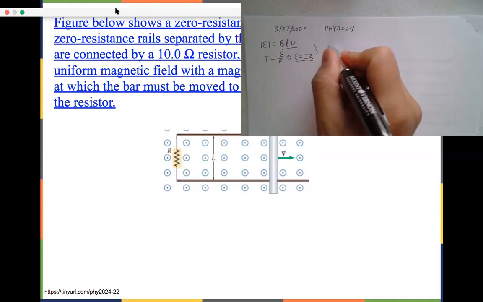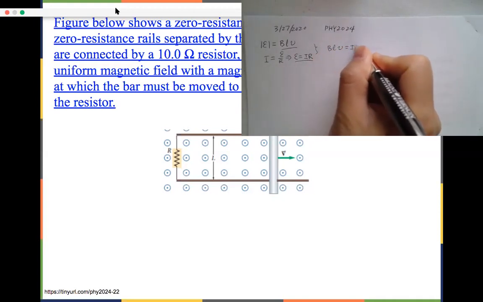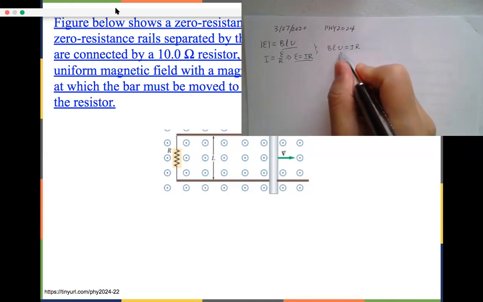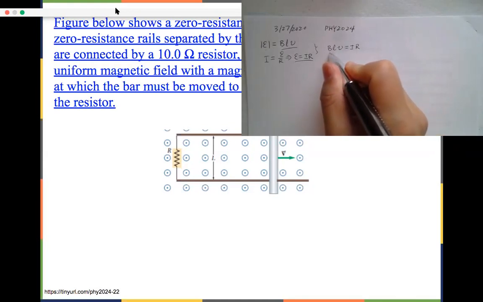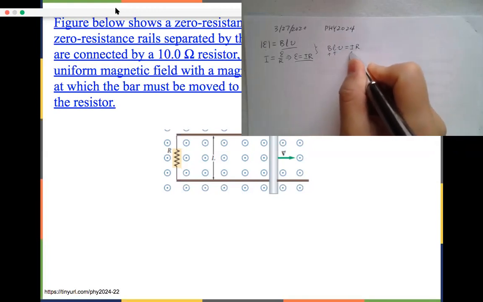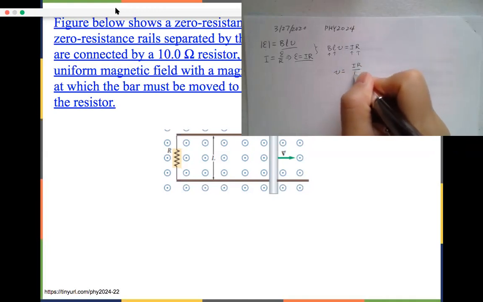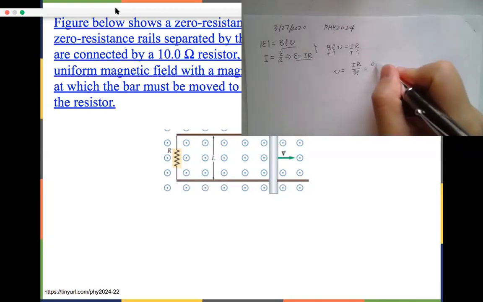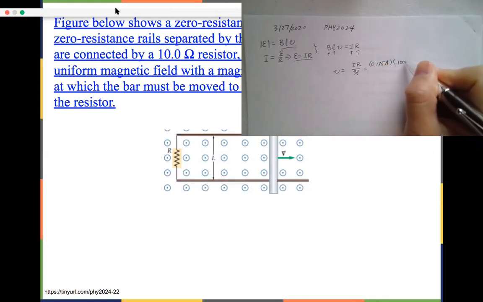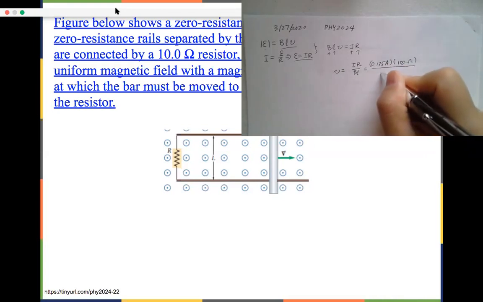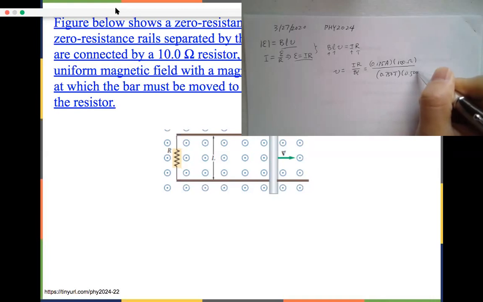From these two equations, we can set up that BLV is equal to I times R. We are looking for V. We are given B, we are given L, we are given I, we are given R. So we will be solving for V. V will be I times R divided by B times L. So this is 0.175 amps times the 10.0 ohms divided by the magnetic field, 0.750 Tesla, times the length of the rod.